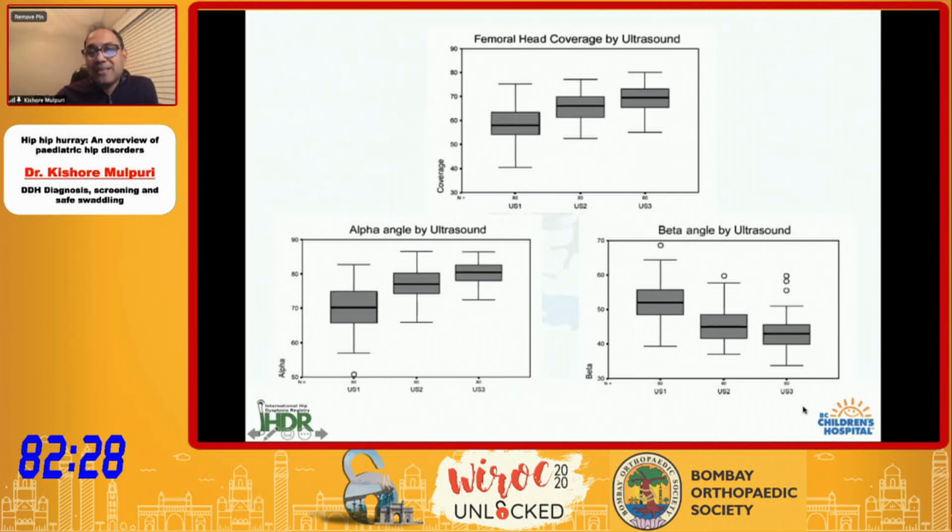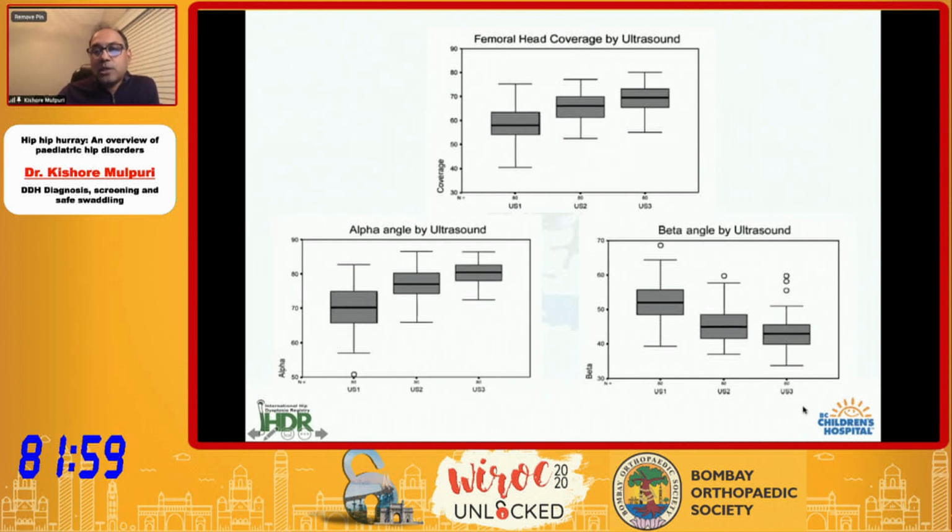So you may think they're dysplastic and may start treating them. The best age to differentiate between dysplastic, really the ones that need to be treated, versus normal is around 6 weeks of age. That's when the alpha and beta angles are mature enough, and femoral head coverage is mature enough, that you're actually able to separate out what is truly dysplasia versus normal development. So it's important to keep that in mind.